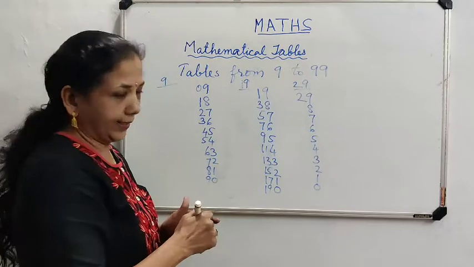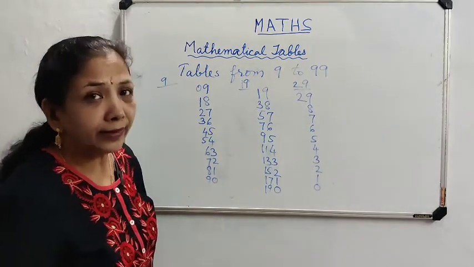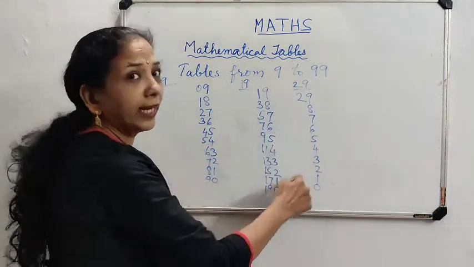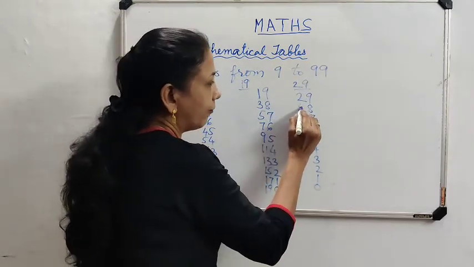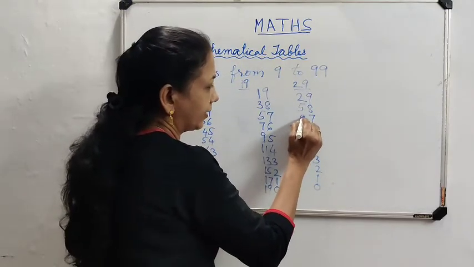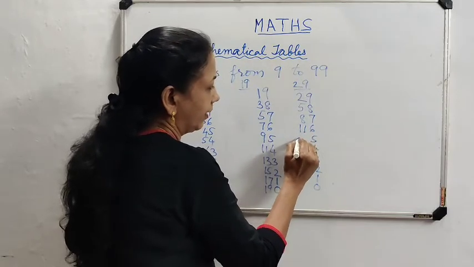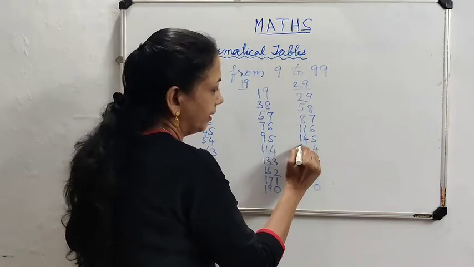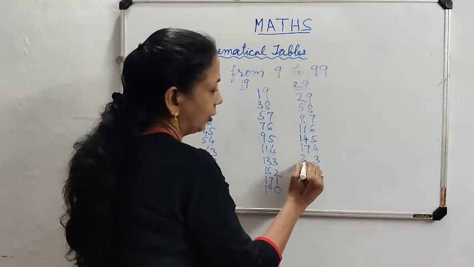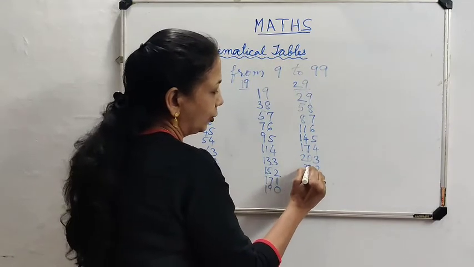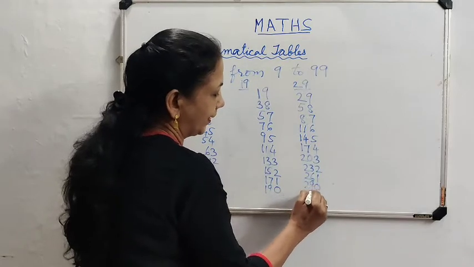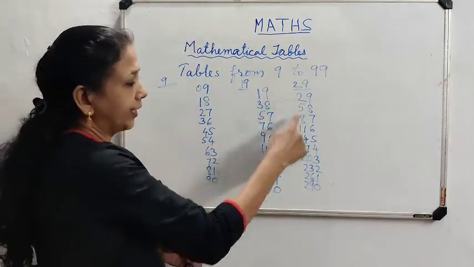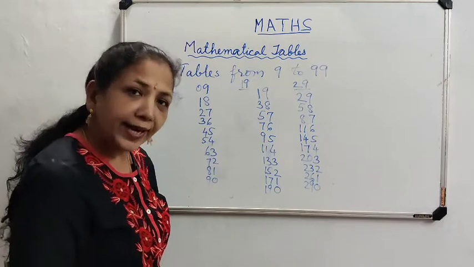Now 2 is the tens place. What is the next number? 3. So you add 3: 2 plus 3, 5. 5 plus 3, 8. Then 11, 14, 17, 20, 23, 26, 29. See, 29 tens are 290.